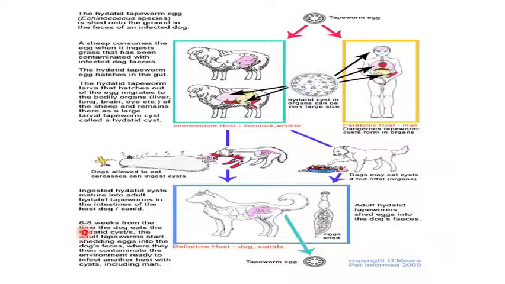From 6 to 8 weeks after the dog eats the hydatid cyst, the adult tapeworms start shedding eggs into dog feces, where they then contaminate the environment, ready to infect another host with cyst, including man.